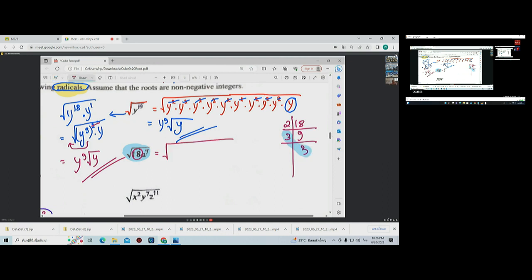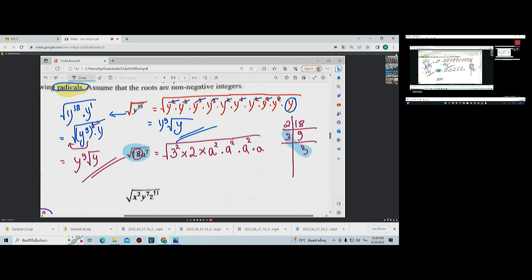So root under 3 square times 2 times a power 7. A power 7 can be extended to square times a square times a.